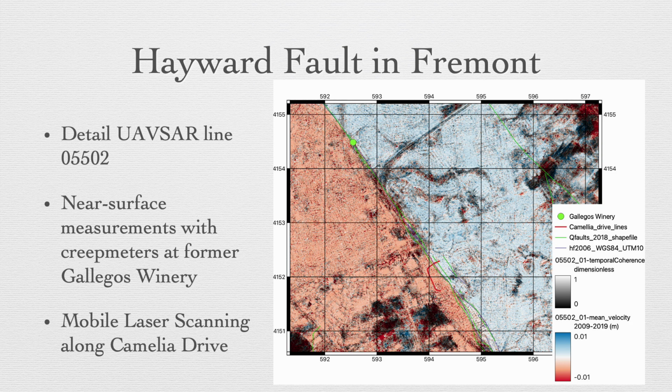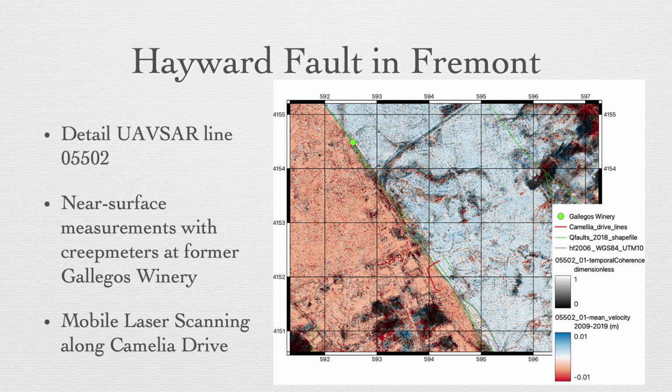This map shows a detail of the UAVSAR mean velocity map combined with the temporal coherence map in grayscale. The areas of dark colors mean that those areas are either covered with trees or the ground surface has changed too much during the time interval between 2009 and 2019.